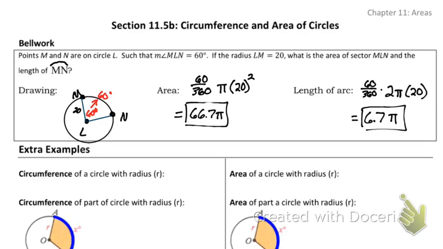All right, questions from the homework? For number 14, I don't understand why you can't just do 60 over 360 times 185. I can't hear you. Sam's talking again. Okay, yeah. On number 14, why can't you do 60 degrees over 360 degrees times 185 over 1?